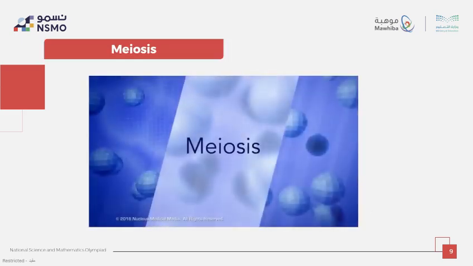Before watching this clip, have you ever stopped and asked yourself why brothers and sisters share features yet never look exactly the same? Why are no two humans on Earth identical, except twins? In this clip, we dive into one of nature's most brilliant secrets, meiosis, the process that creates life's endless diversity.